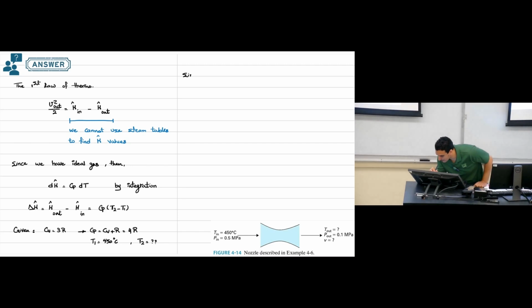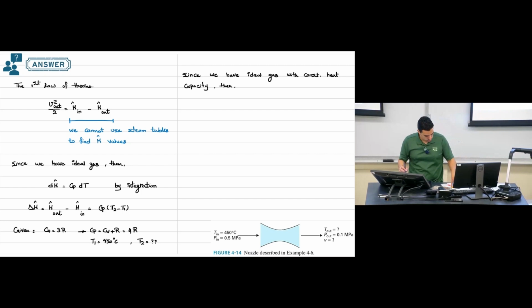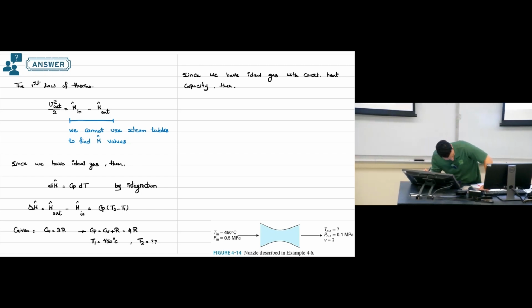So since we have an ideal gas with constant heat capacity, then we can say delta S is Cv ln(T2 over T1) plus R ln(V2 over V1).